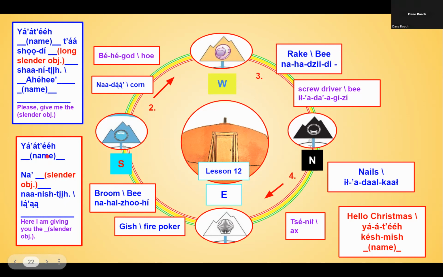Yate Tim. Na bena haljohe. Nanishti. Okay, Tim, he gave you the Benahaljoh, so what do you say? Nalas. Yeah, then. And then says what? La.